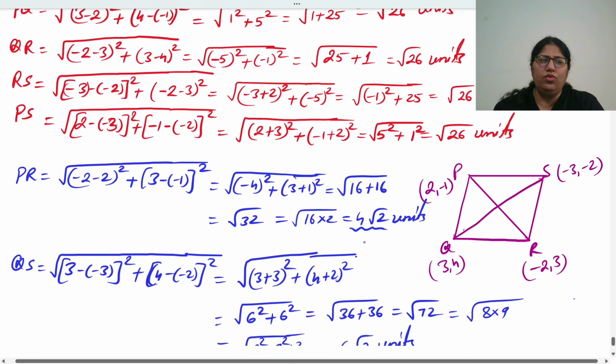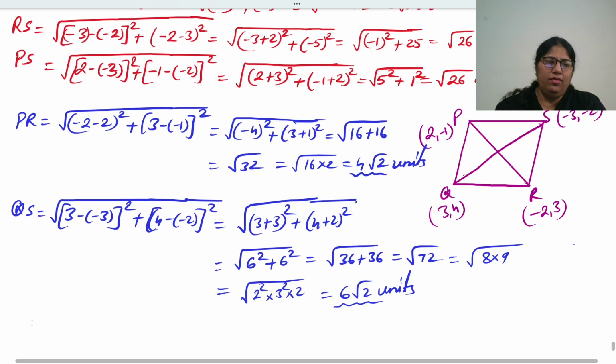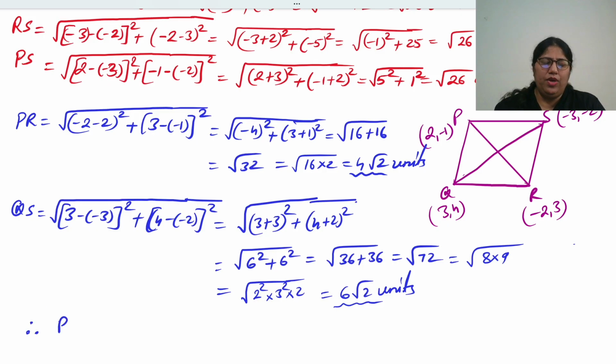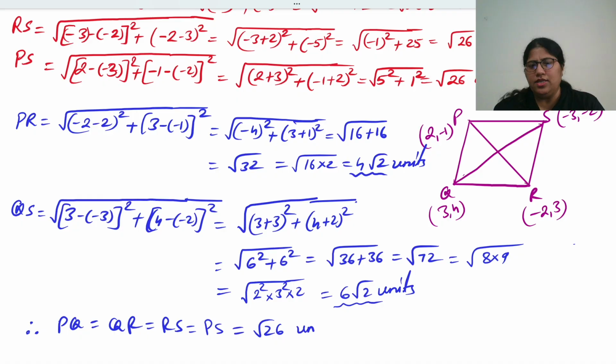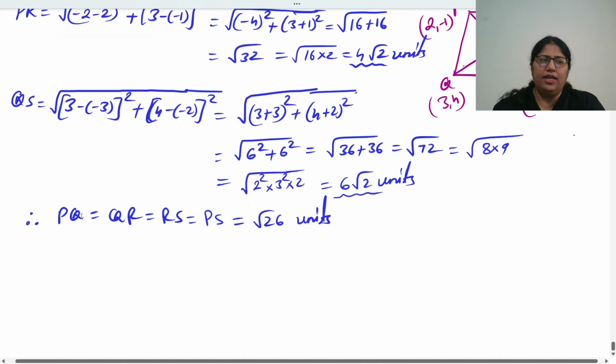So how will you conclude your answer here? You can write, therefore, PQ is equal to QR is equal to RS is equal to PS is equal to root 26 units, which shows the lengths of all four sides are equal.